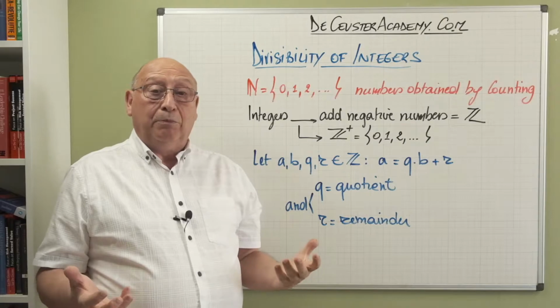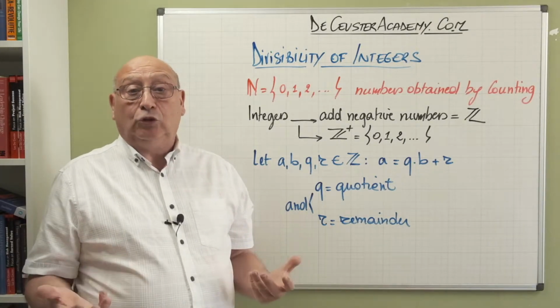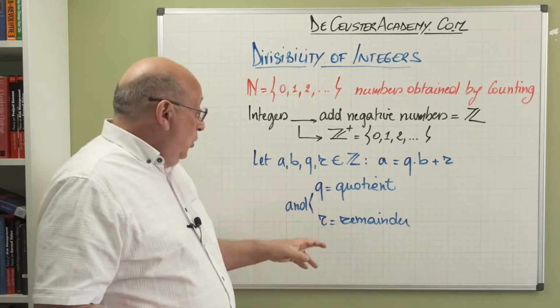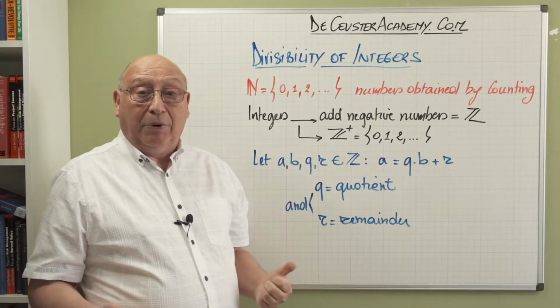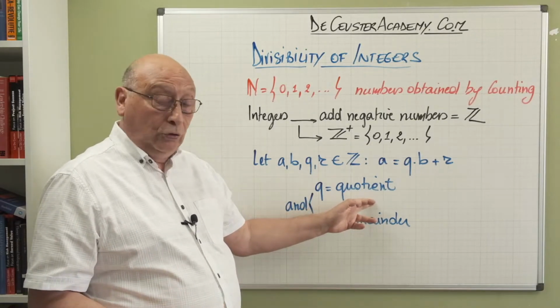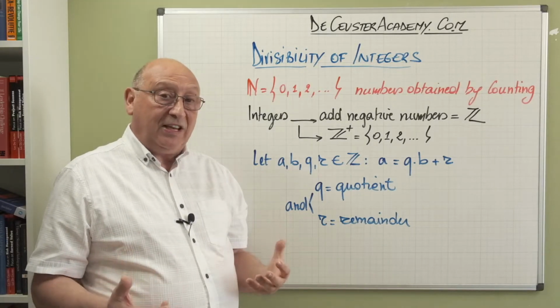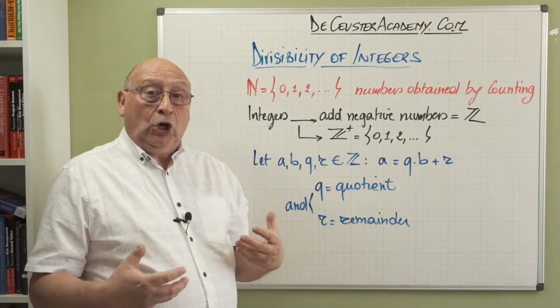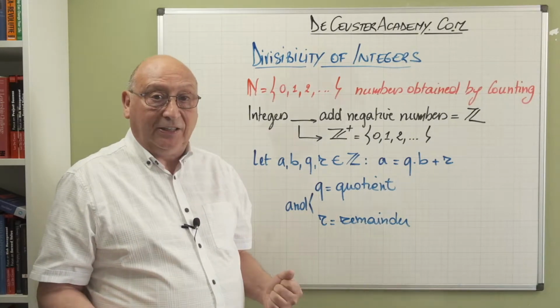For example, the number 5 divided by 2, we can write as 2 times 2 plus 1. So q is the quotient, in the case of 5 divided by 2, this is equal to 2, and r is the remainder. So these are the basic elements that we're going to use to define what we call modular arithmetic.